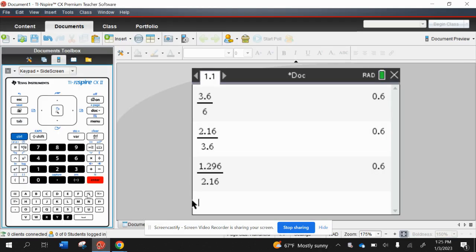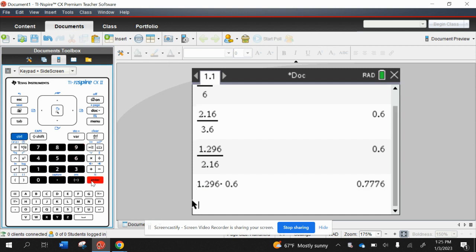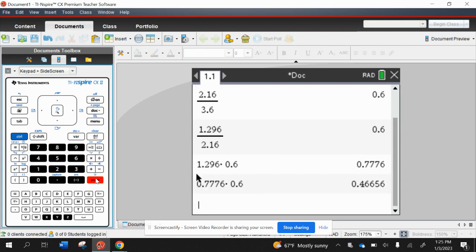So to find the next three terms, we're going to multiply 1.296 times 0.6, control enter, is 0.7776. And then we're going to highlight, enter, times 0.6 is 0.46656.